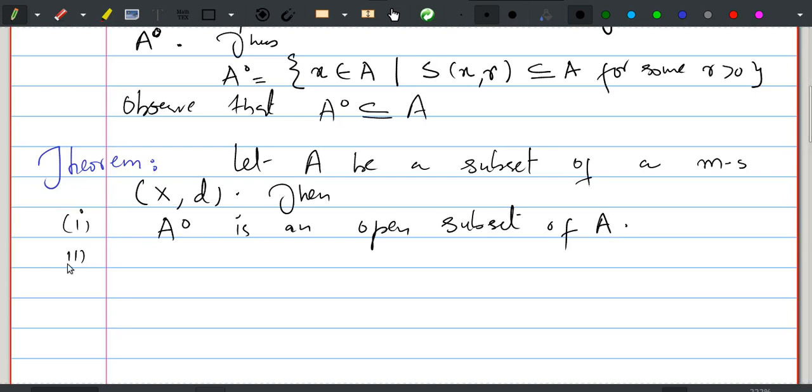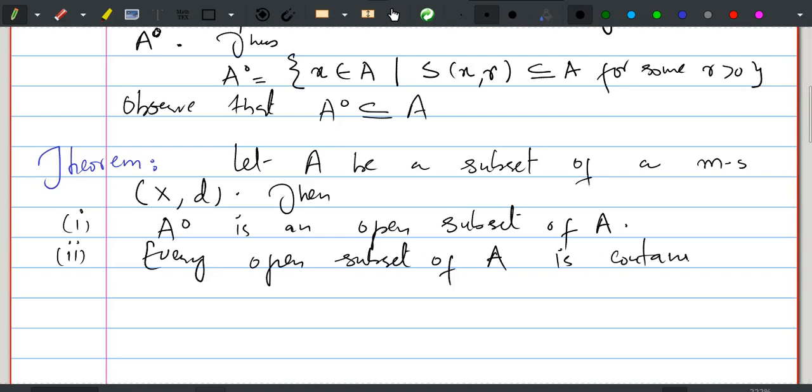Second, every open subset of A is contained in A interior.